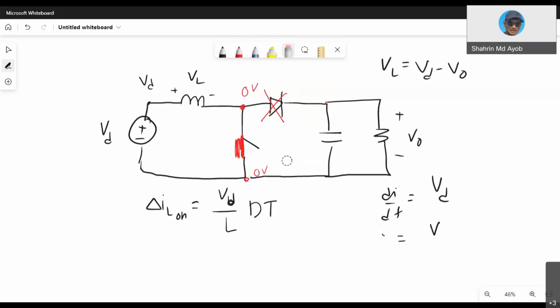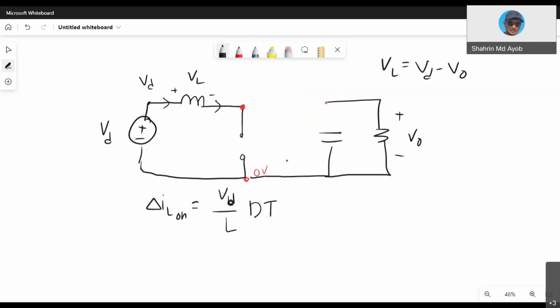So next is when the switch is off. What happens when the switch is off? The current from this inductor or supply will discharge, and the diode will turn on. So you will obtain delta IL during the off state.